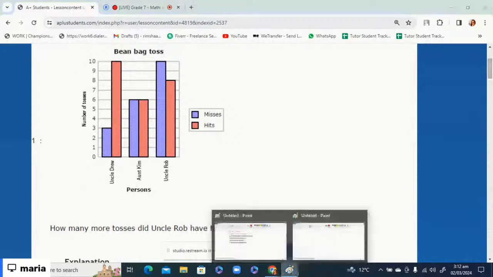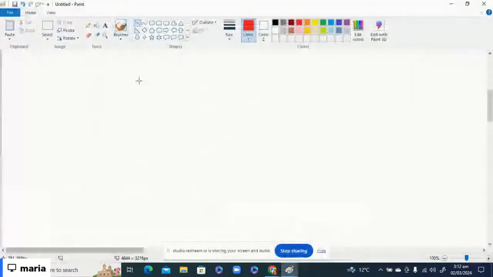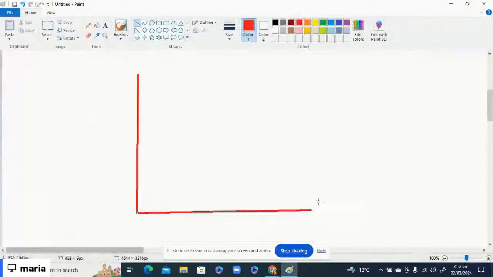And how do we draw it? Look at here. It would be like that way. Okay, for example here it starts from 0, then it's 1, it's 2, it's 3, then it's 4, 5 and 6.